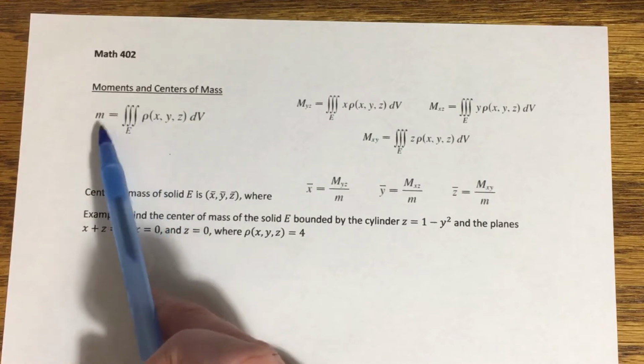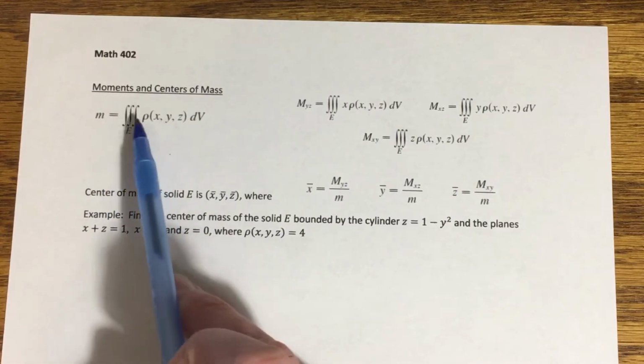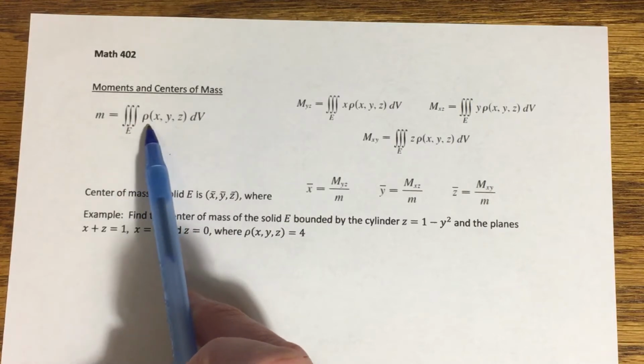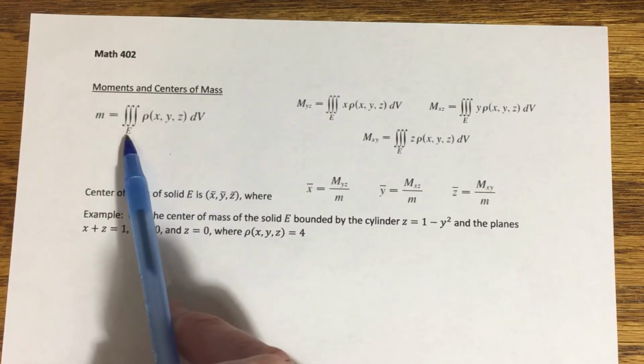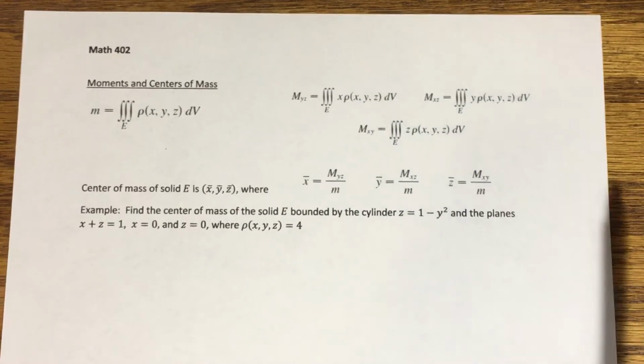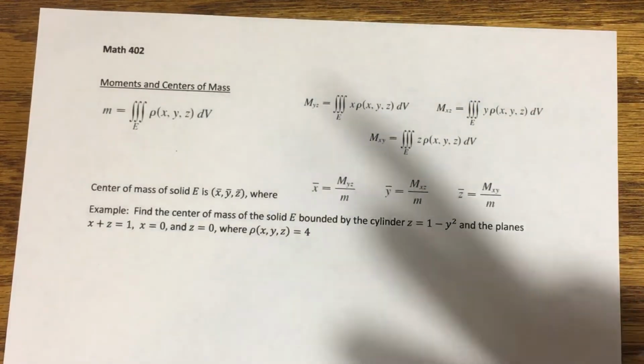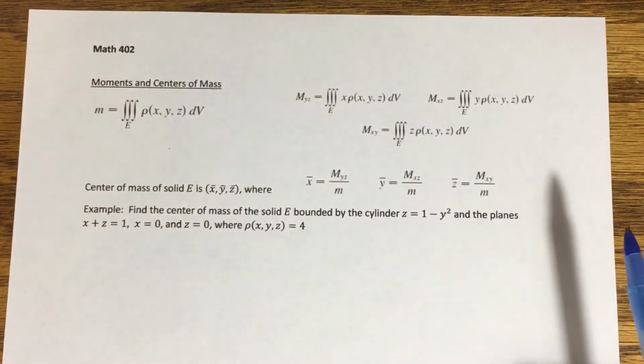The mass of the solid E would be the triple integral of our density function over our solid E. We can go through a very similar derivation to show that that's how we would get our total mass.